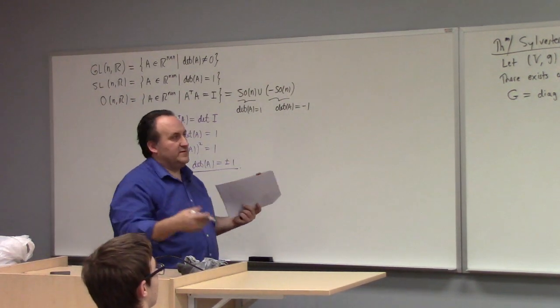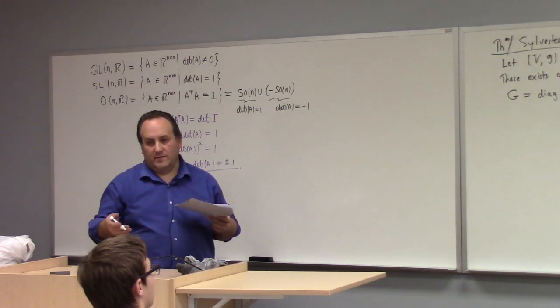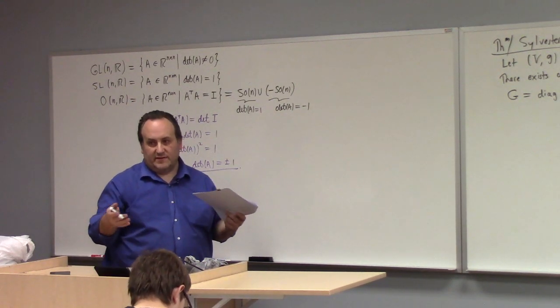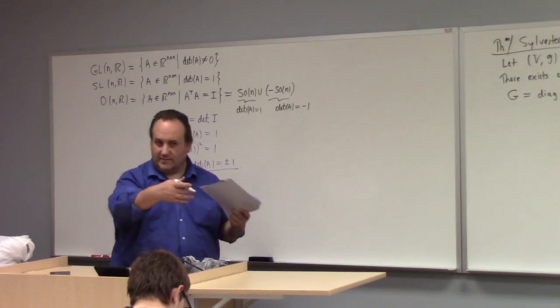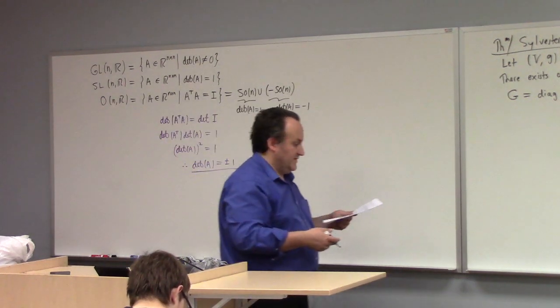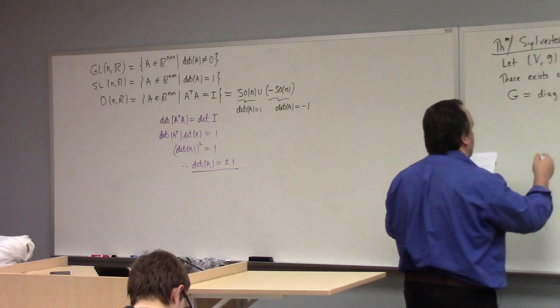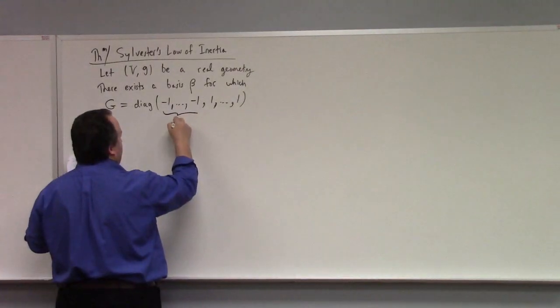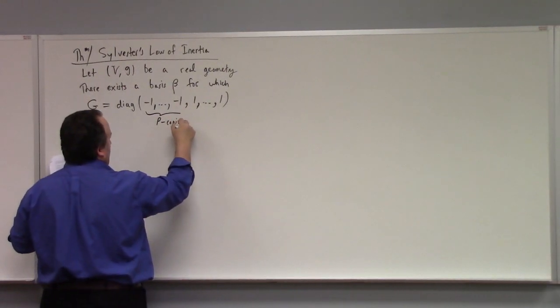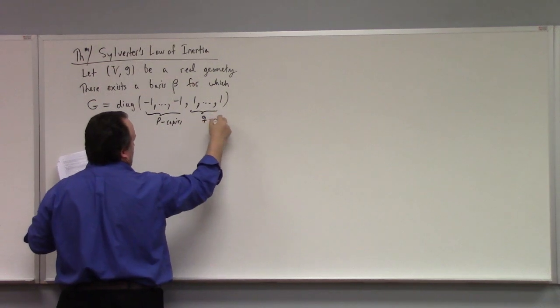But you can choose a basis that puts the matrix of the metric into just a diagonal form with pluses and minuses, with 1s. There are p copies of these, q copies of those.